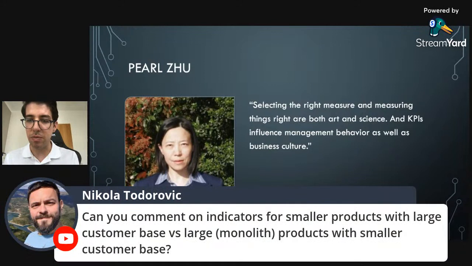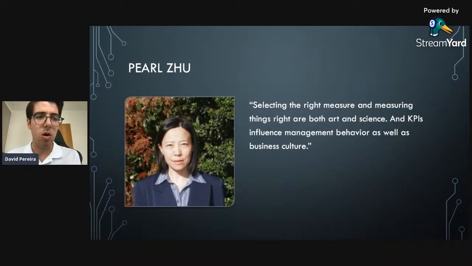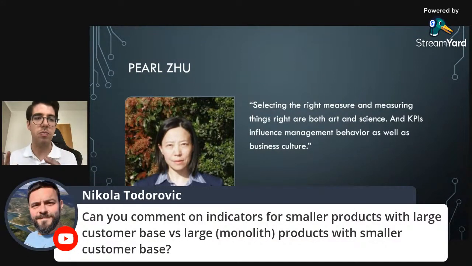There's another one here. Can you comment on indicators for smaller products with a large customer base versus large monolith products with a smaller customer base? Well, it always depends on your customer, on your segment. Of course, you have your traditional ways of measuring.